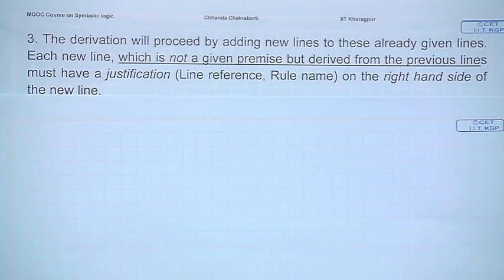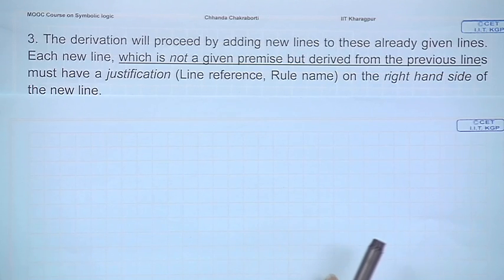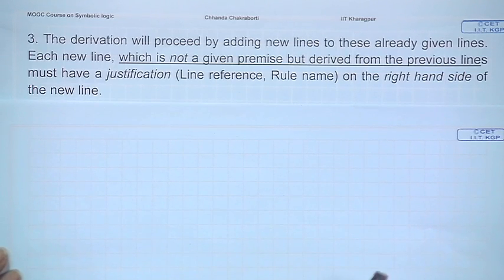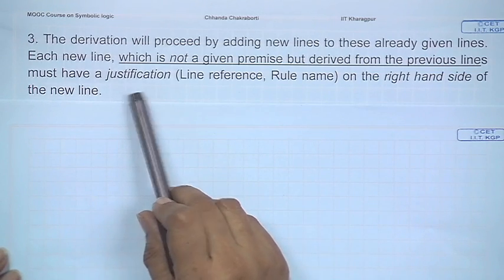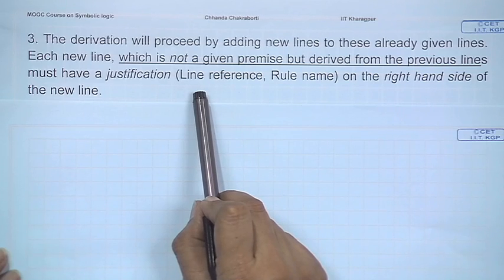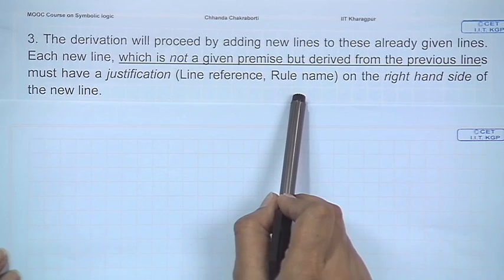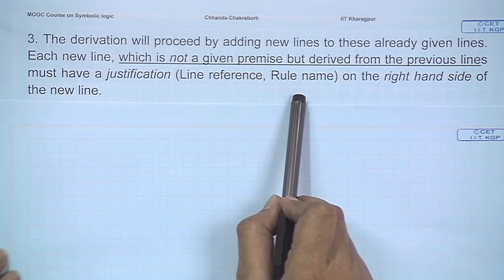The derivation will proceed by adding new lines to those already given lines, but every new line that you generate in a proof, you have to justify. Justify as what? Well, justify in terms of which line you derived it from, and which rule you used.